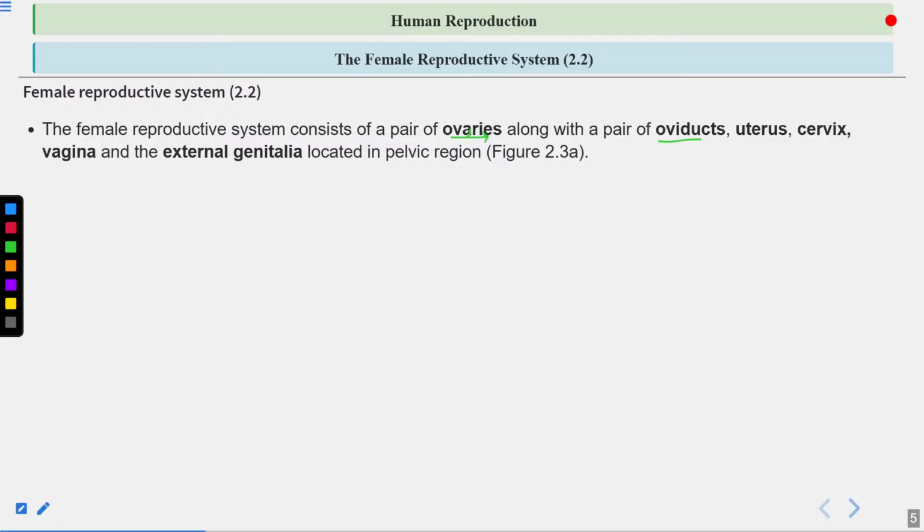So the female reproductive system consists of all these parts: ovaries, oviducts, uterus, cervix, vagina, and external genitalia, and all of these parts are located in the pelvic region.